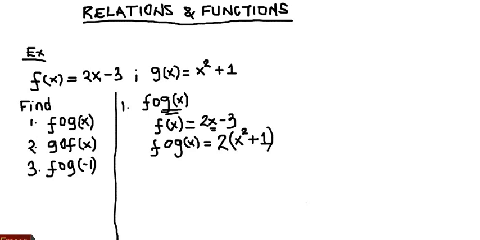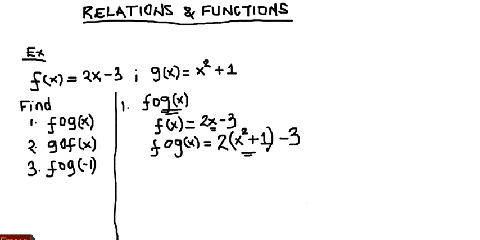This is our 2x in f of x, and 2x minus 3 is the function f of x. So what we have simply done is substitute the variable x with the function g of x. That is the meaning of a composite function f of g of x.